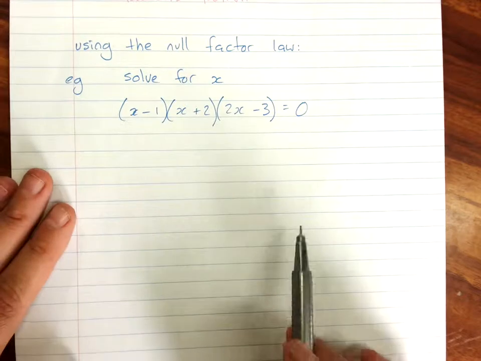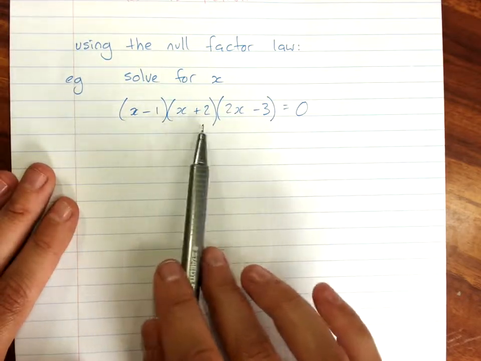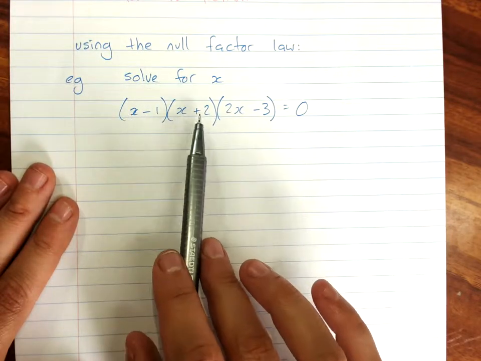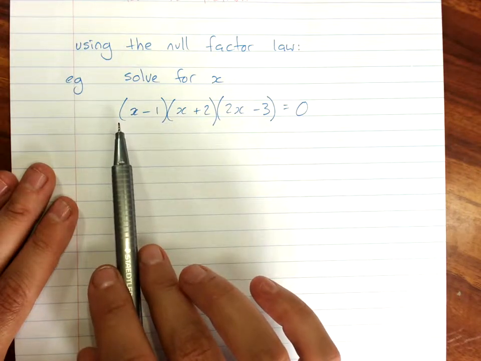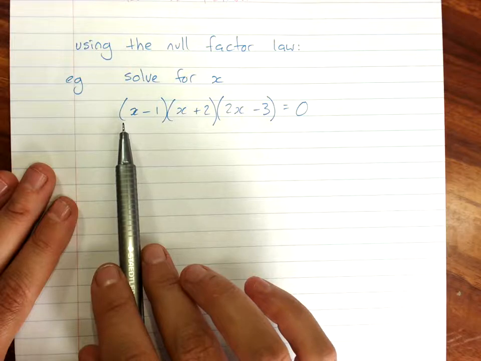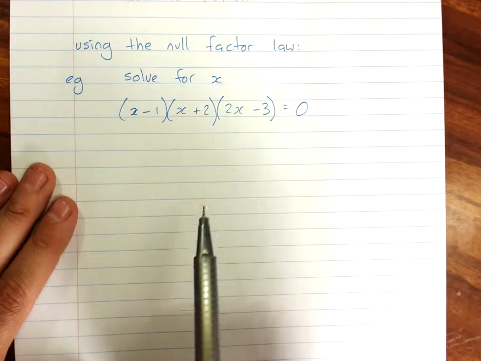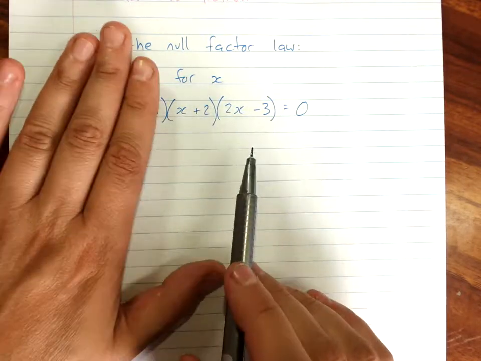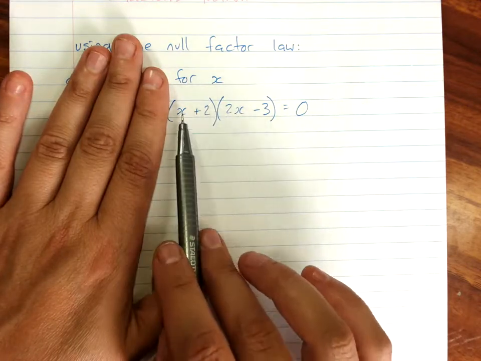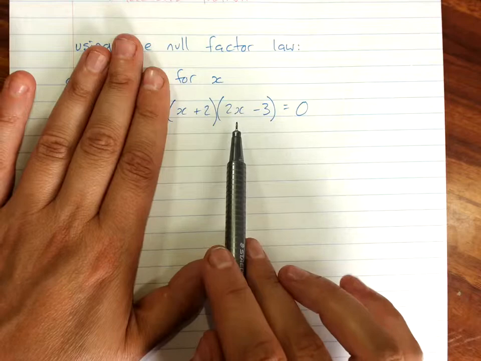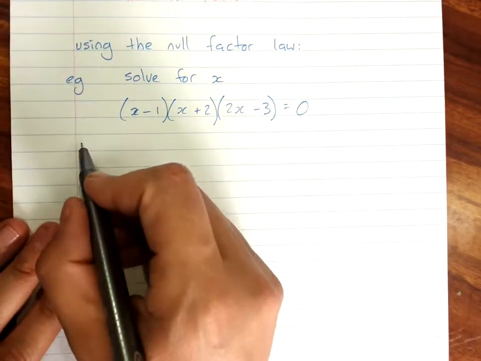So just a reminder about the Null Factor Law. This is a cubic, you can tell, because x cubed, x times x times x. And it's already been factorized. So if it was like this, the Null Factor Law is easy. If this equals 0, then either this factor equals 0 or that factor equals 0. All we've got is one more factor.